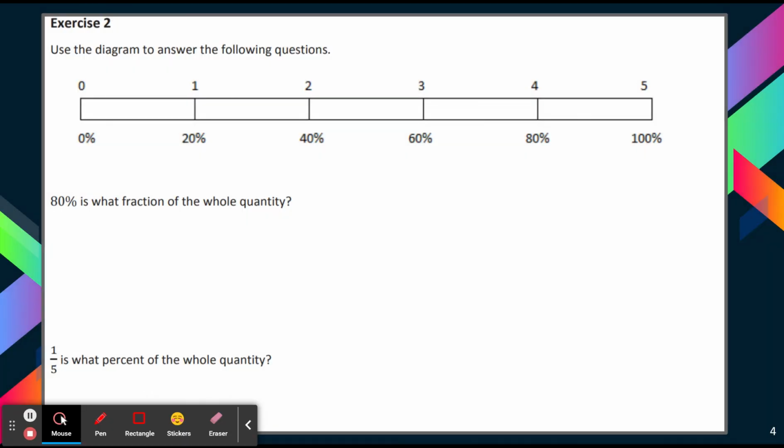We're going to take a look at this double number line to show the connection between the percentage and the fractional part. So on your paper, you have 1, 2, 3, 4, 5 sections, and below are the percentage equivalents. So obviously 0 is 0.